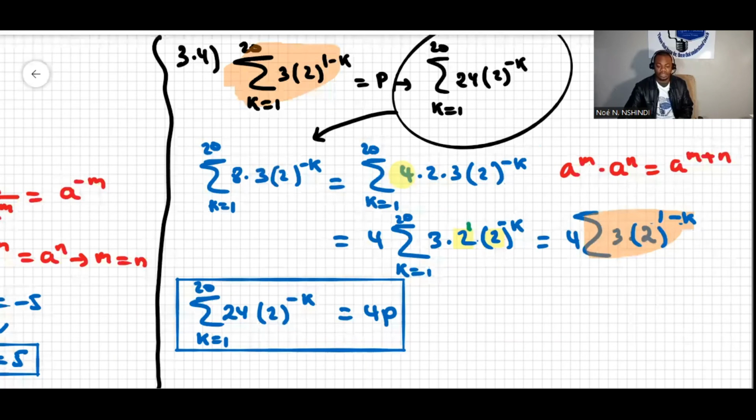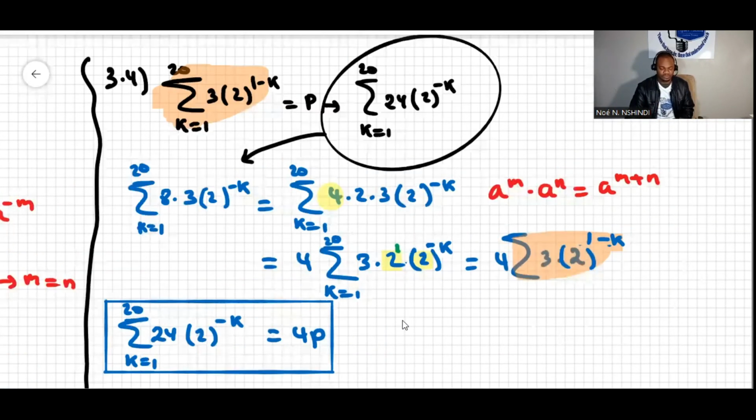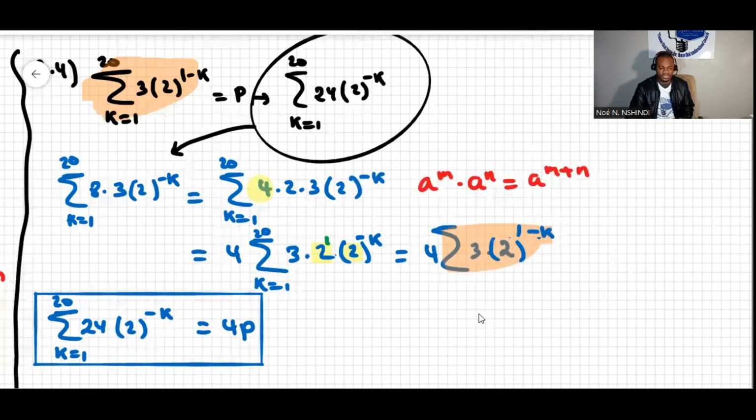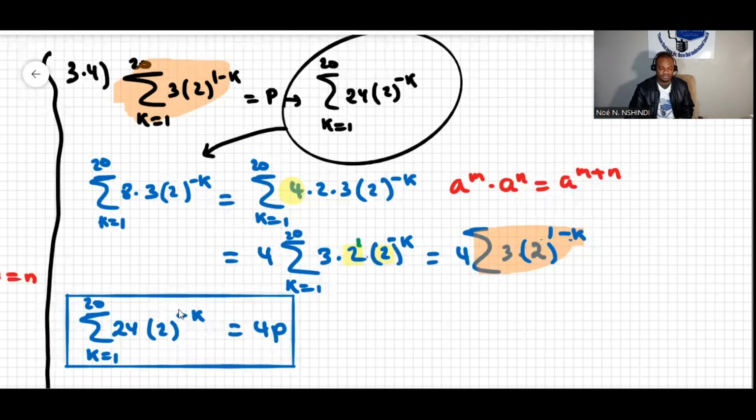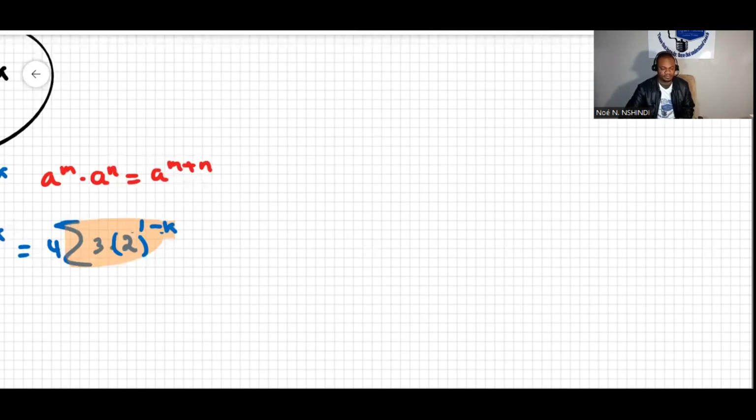Or else I prefer to solve this a bit in a different way. Also, or else someone may say this. We can break this down. Okay, I'm going to do it over here. We have, that's question 3.4.